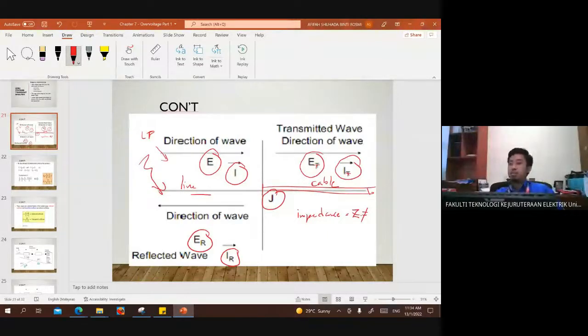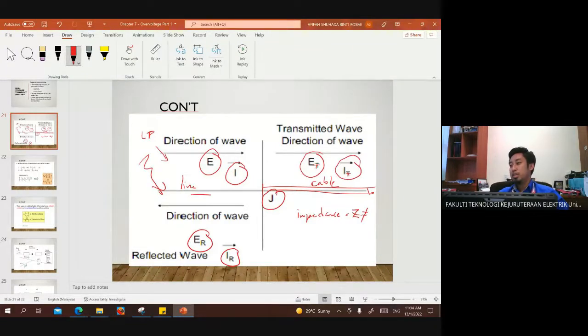Sebabnya bila the heat dekat kita punya kabel, so dia akan, for example, not only for the direct stroke but for the indirect stroke, voltage tu dia akan ada satu pulse. Satu pulse ni dia akan travel sepanjang kabel tu.